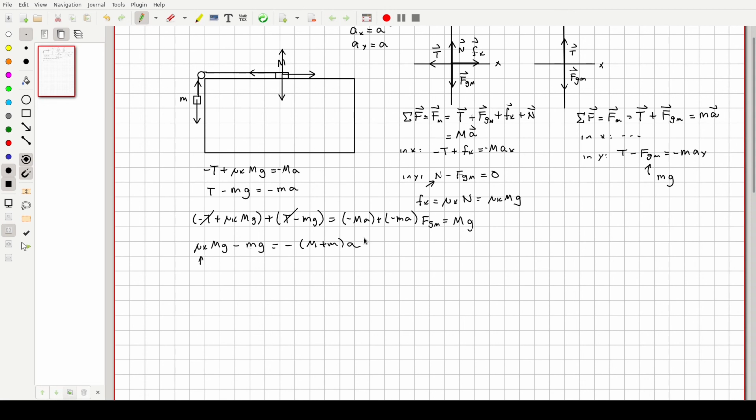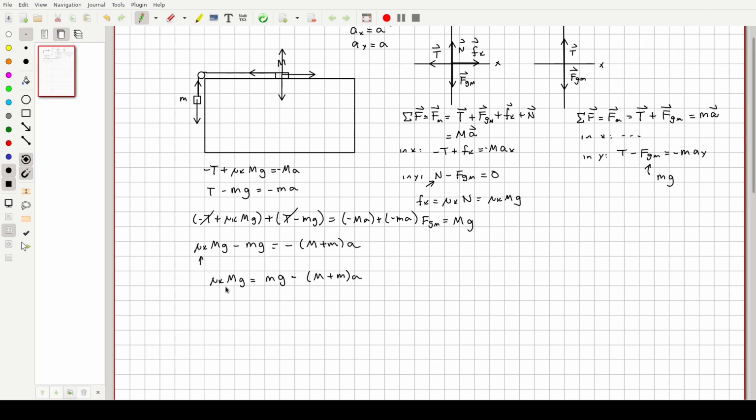I'm going to move this over here to the right-hand side. And when I do, mu sub k big M times g is equal to little m times g plus, minus, sorry about that. I don't know why I'm having a hard time with pluses and minuses right now. That and that.